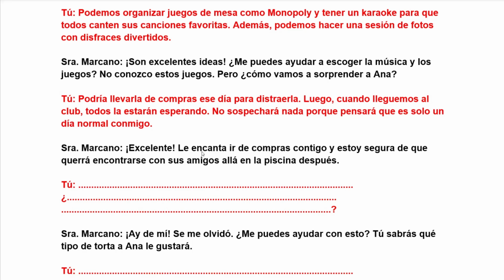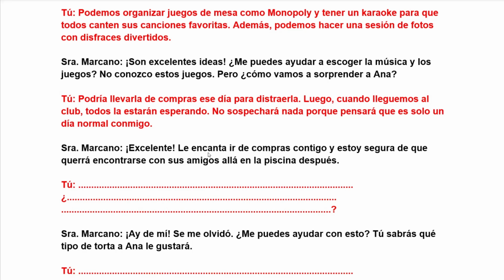Excellent. She loves to go shopping with you, and I'm sure that she will want to meet up with her friends there at the pool afterwards. So you can see that our response fits perfectly within the context of the conversation because she says, excellent, after she says great.